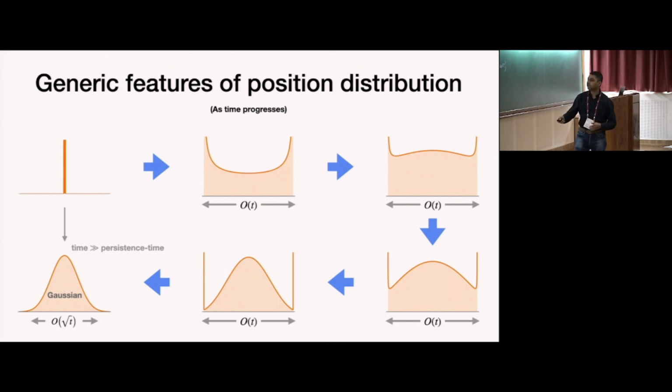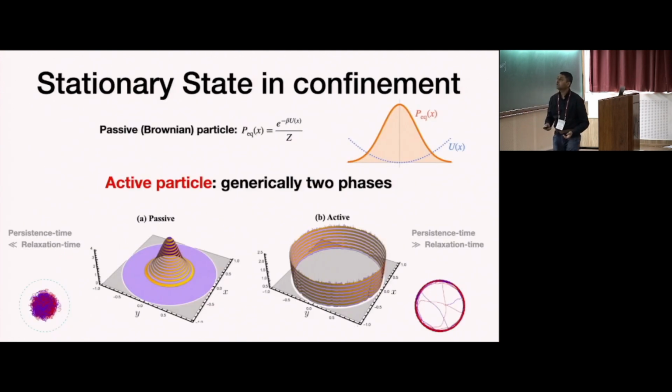Eventually, if you look at times and length scales of the order of the square root of t, you see a Gaussian distribution as you expect, because at long times, irrespective of the model, the particle is doing some kind of random motion, and the central limit theorem tells you it has to be a Gaussian distribution.